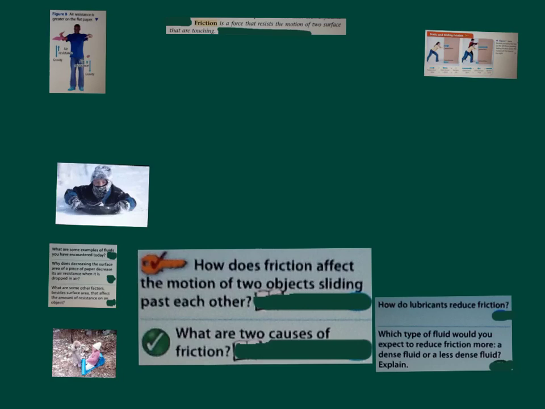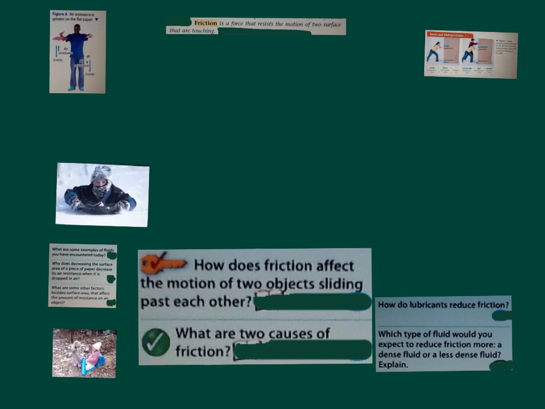How does friction affect the motion of two objects sliding past each other? And the next one is, what are two causes of friction? That's this question and this question. Please write them and answer the questions in your science journal.